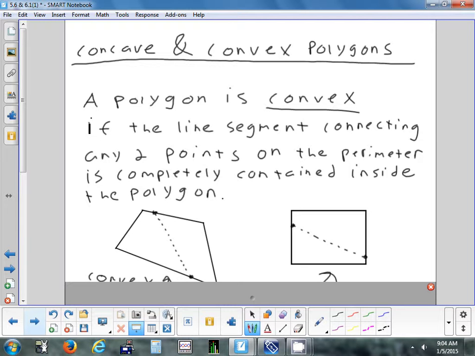So a polygon is convex if you could put a dot on the perimeter anywhere you want, 2 dots, and then you connect that line segment. If you connect it and it's completely inside the shape all the time, then that's called convex.